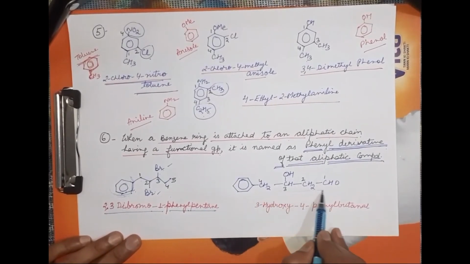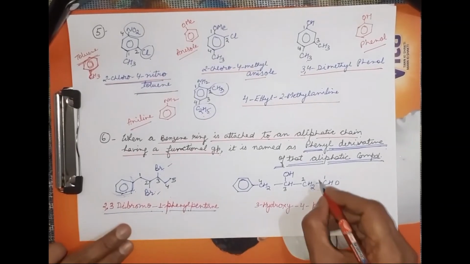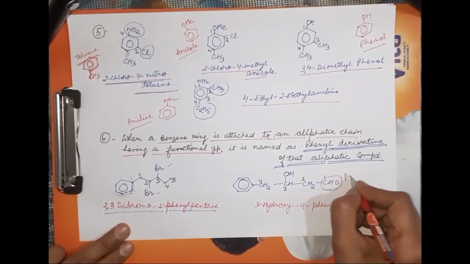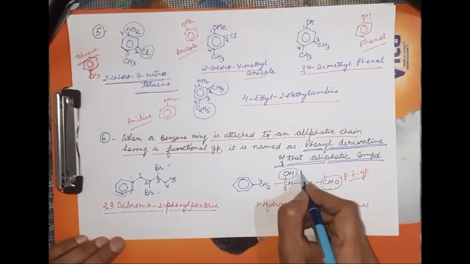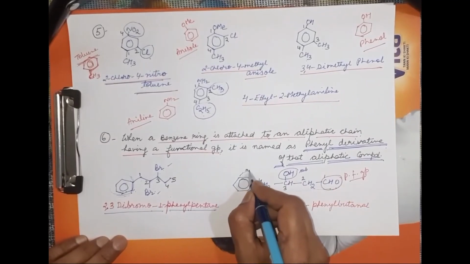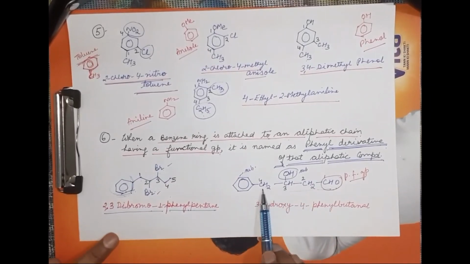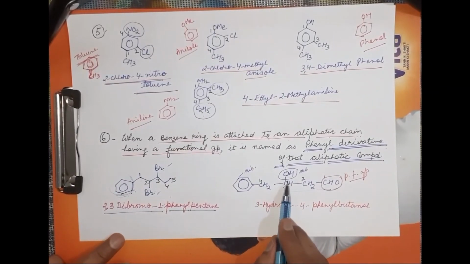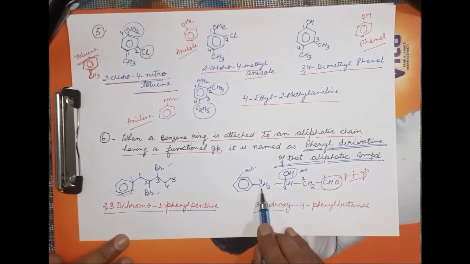Let's have one more example like this. Here is also an aliphatic parent chain with a functional group. This is the principal functional group, and the OH will be treated as a substituent, and the benzene ring is also a substituent. While numbering the chain: 1, 2, 3, 4. The prefix for the OH group will be 3-hydroxy, then 4-phenyl, and because a 4 carbon parent chain is there, butanol.